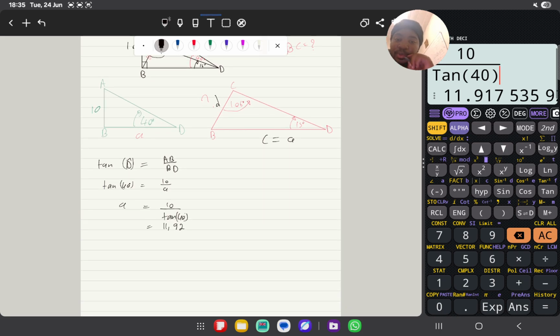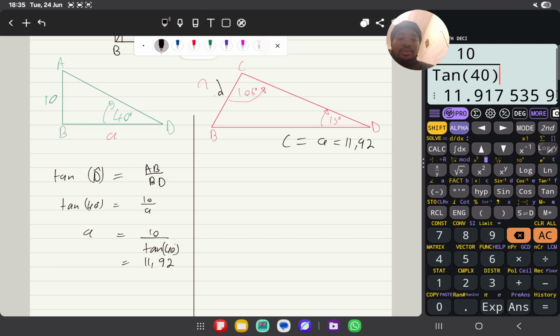Now we come to this triangle. Since they share the same base BD, C equals A equals 11.92. So now we are at the stage where we can use our sine rule.